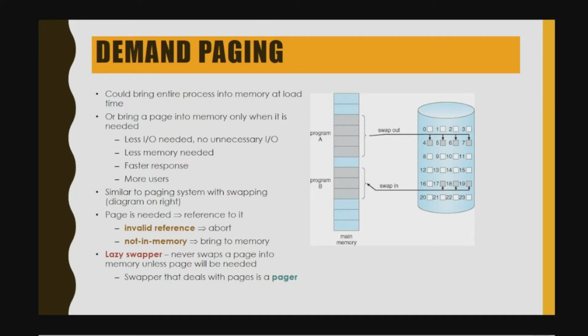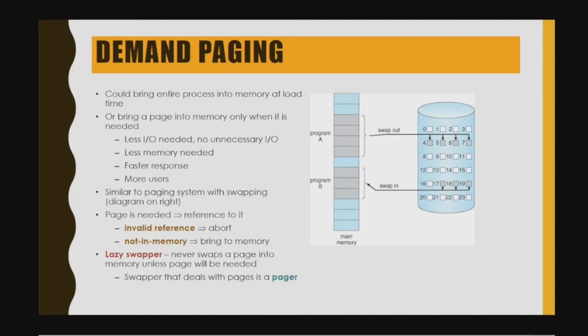It is similar to a paging system with swapping, with swap in and swap out. A page is needed when it becomes a reference. An invalid reference will abort the process, and a page not in memory will be brought into memory.